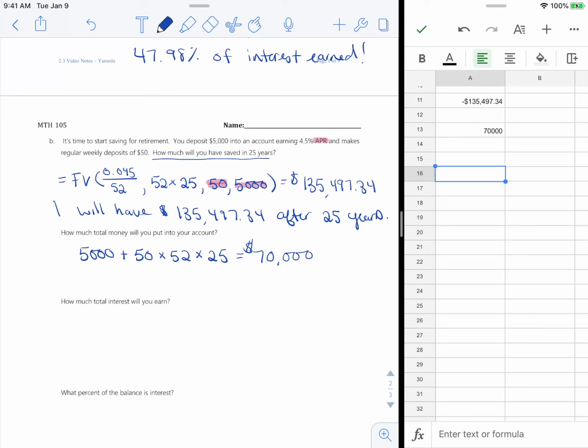All right, how much total interest? Remember, you take how much you earn at the end and take away how much you put into the account.